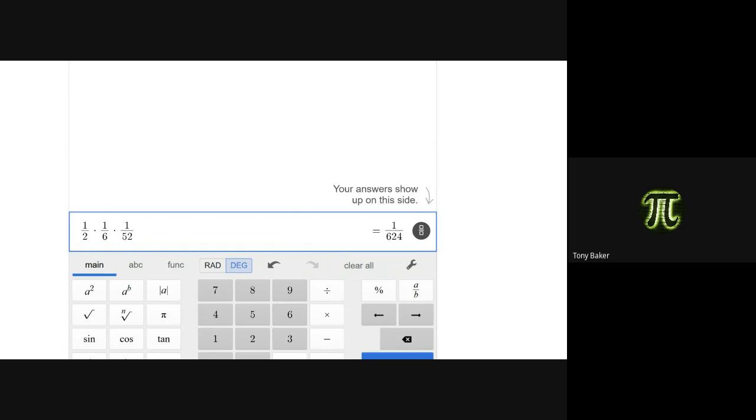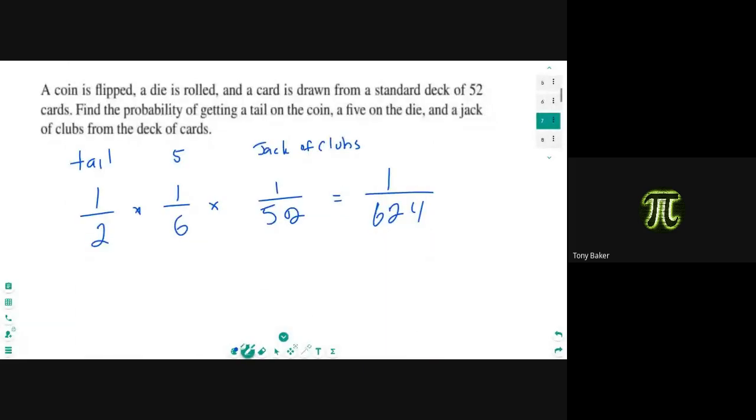Fractions will always make your answers come out to be the exact answers all the way through, and then you can always round at the end if you need to. So in this case, this one is 1 out of 624. That would be the probability of all three of those events happening.